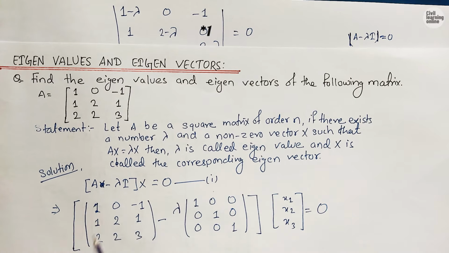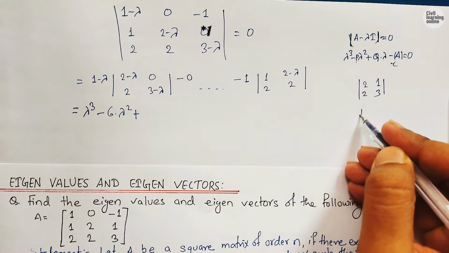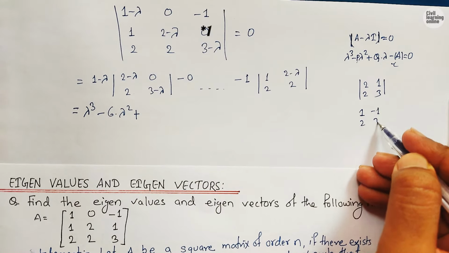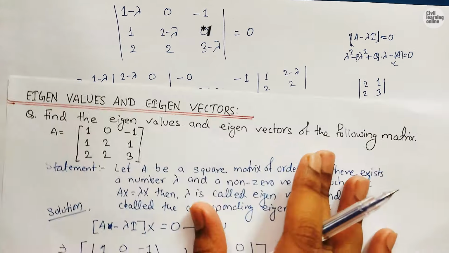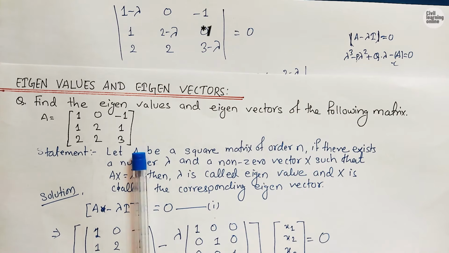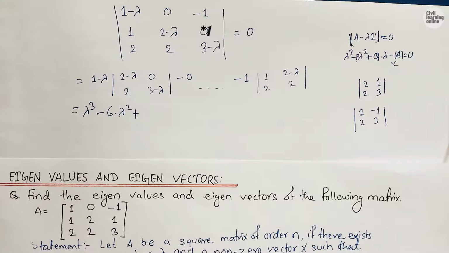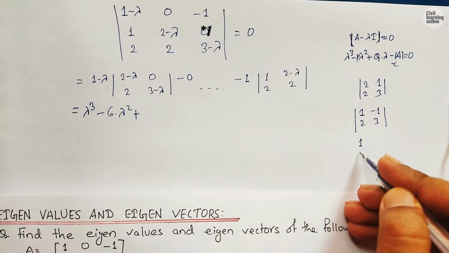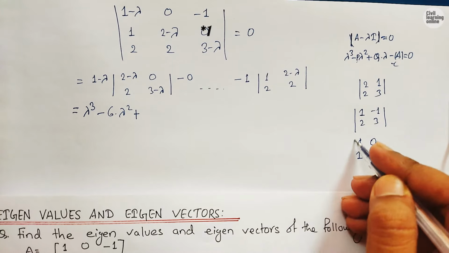So we will get 1, 2, minus 1 and 3. Again, the minor of this 3 is obtained by covering its row and column, so we will get 1, 1, 0, 2.